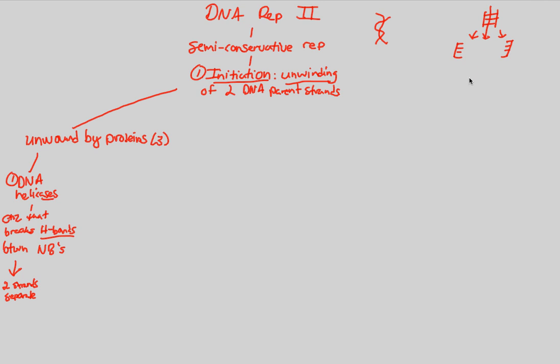These two strands will separate, and the helix itself unwinds as the separation happens, because those two things go hand in hand. If you're separating strands, you're unwinding the helix.